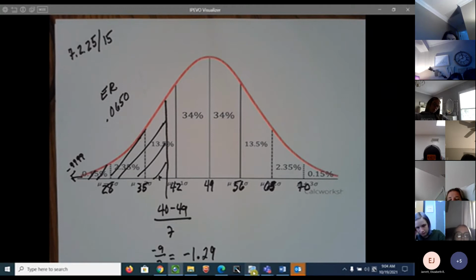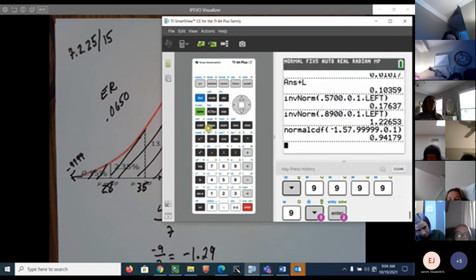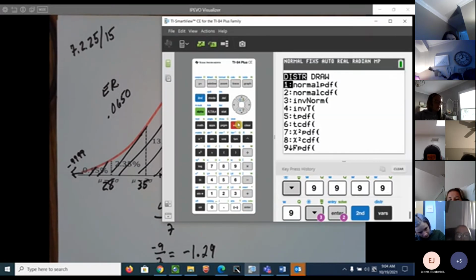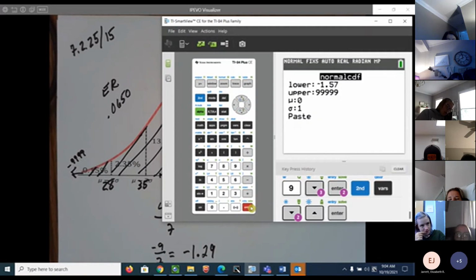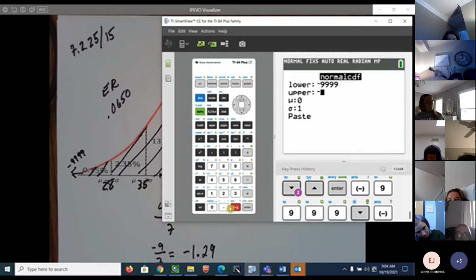So take your handy dandy calculator and do second vars, normal CDF, negative 9999 to negative 1.29.